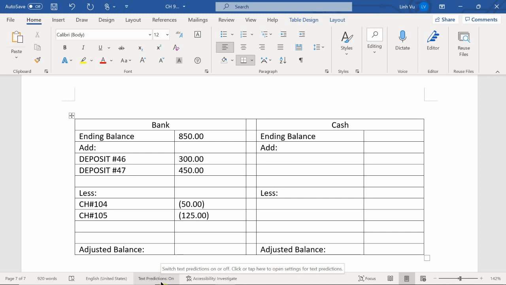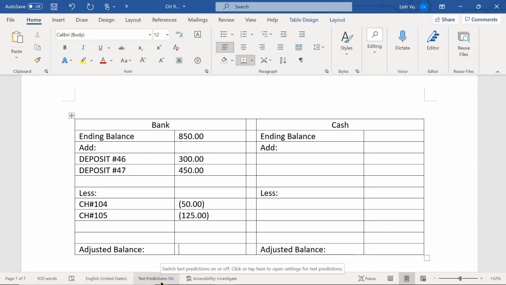1600. Okay, guys, 1600 and I got 500. 1600 minus 50 and minus 125. 175. I got 1425.